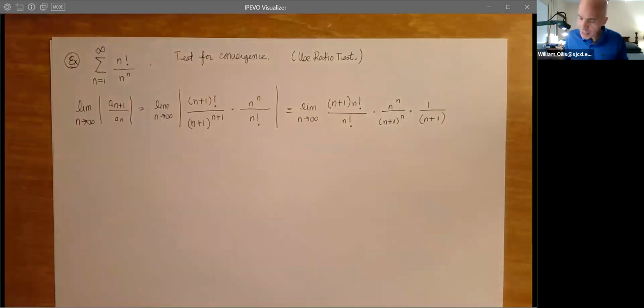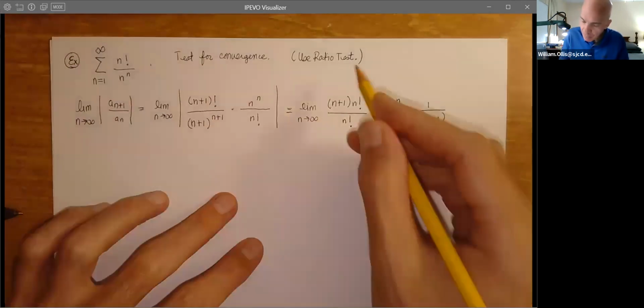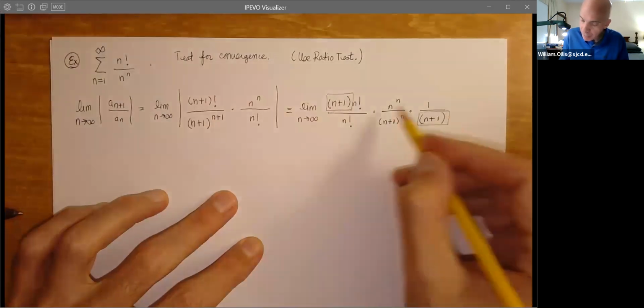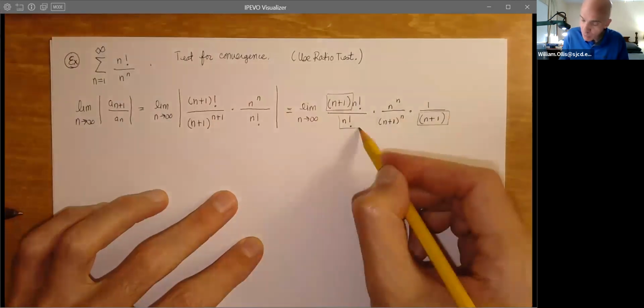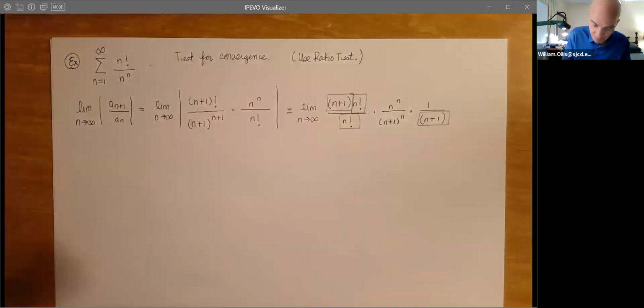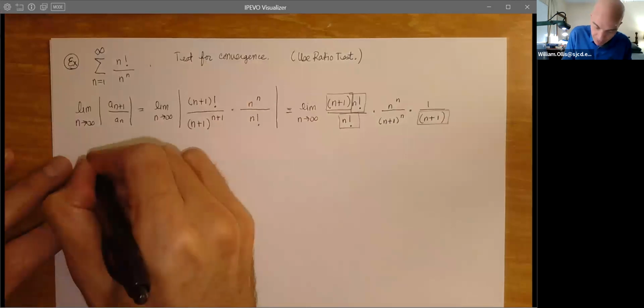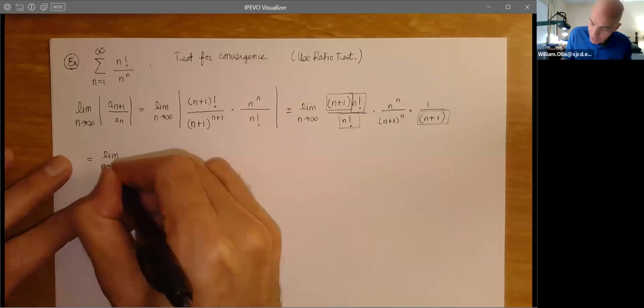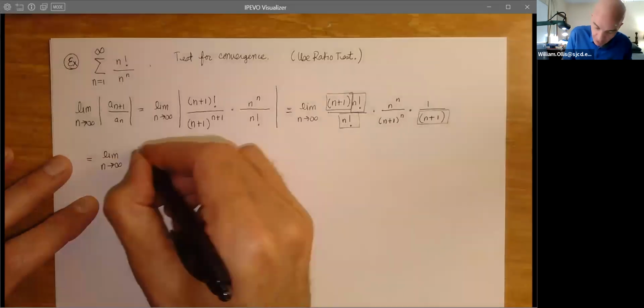So now what we can see is that the n plus 1 here, these absorb. And then notice the n factorials absorb. So we're like, wow, everything goes away. So we have the limit as n approaches infinity. And so now we have n to the n.